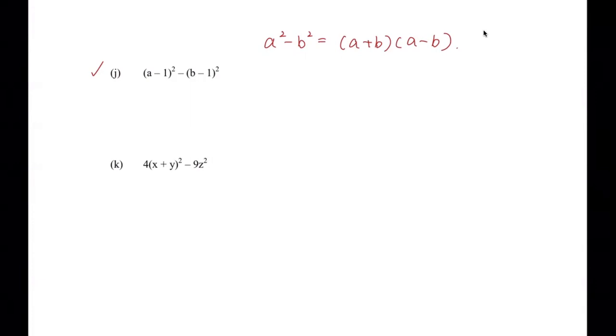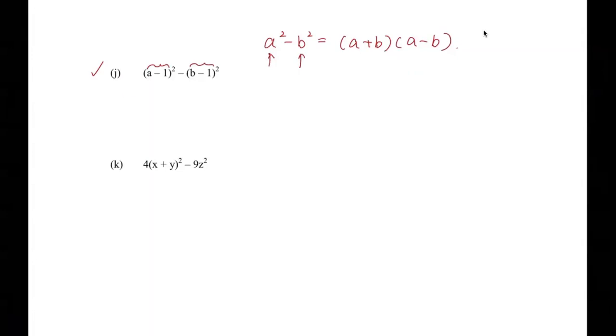So in question J, (a − 1) squared minus (b − 1) squared. In this question, a − 1 is equal to the a in our formula, okay? b − 1 is equal to b in our formula, okay?